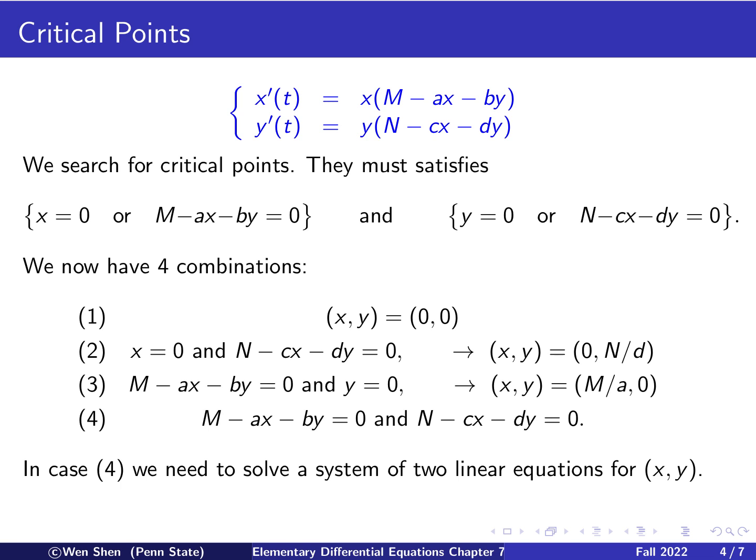And then there is the last one, and that is we take this condition and we take this condition. So we have two linear equations for the unknowns x and y. Here we need to solve a system of two linear equations, and the solution will very much depend on all the coefficients.